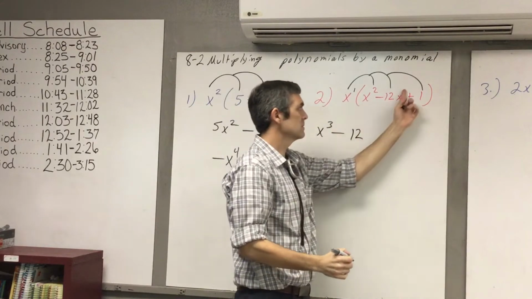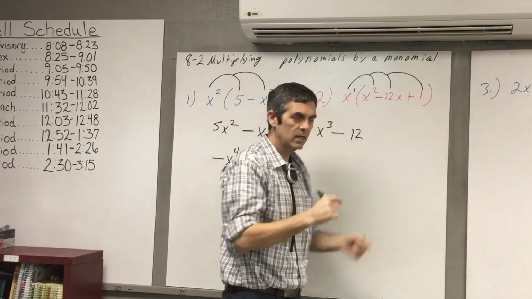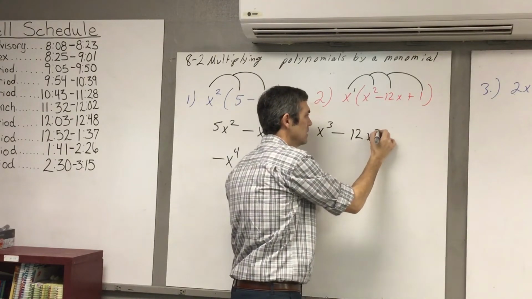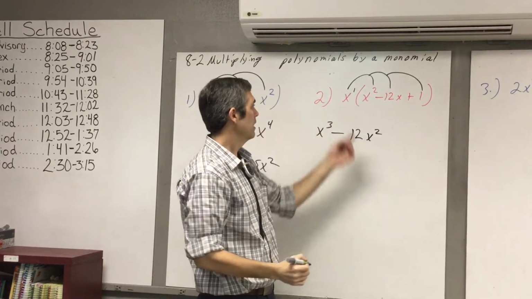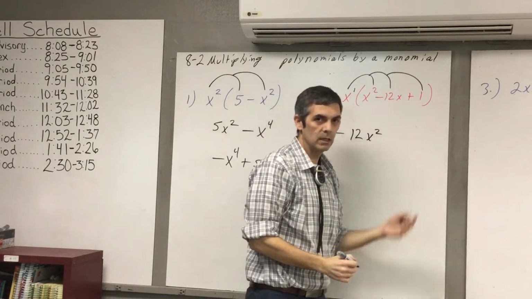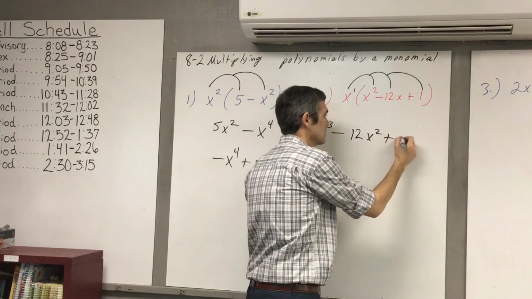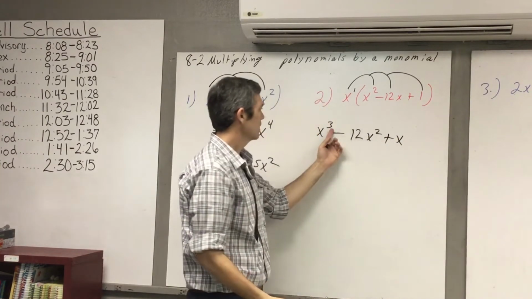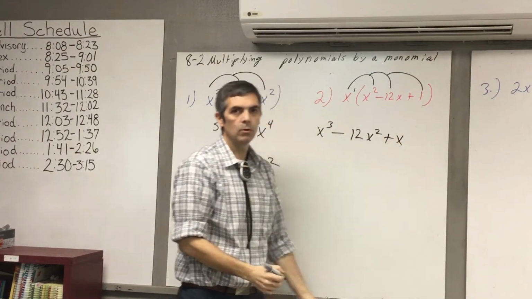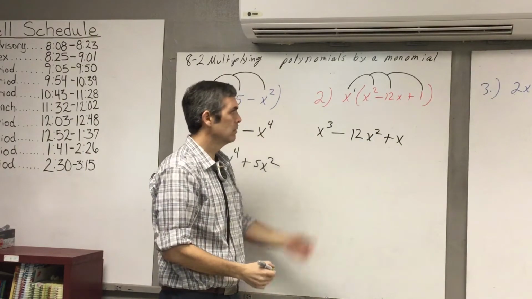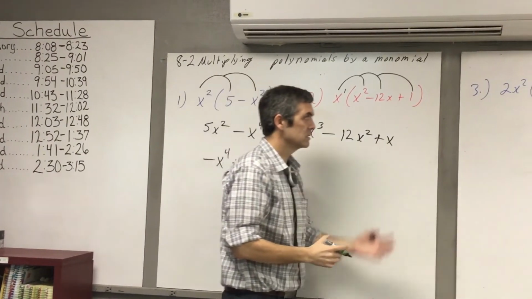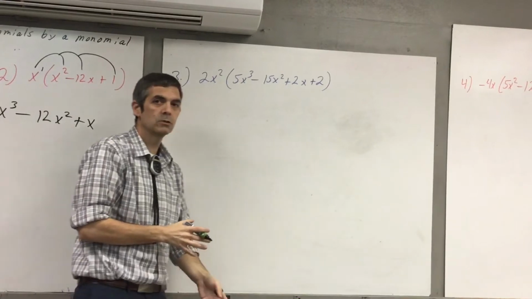X to the first times x to the first, add the exponents, gets you x to the second. And now x times 1, well, any number multiplied times 1 gets you back that number. So plus x, and then we check. Yep, we're good. We're in the right order. This is not hard, but you've got to pay attention to what you're doing.